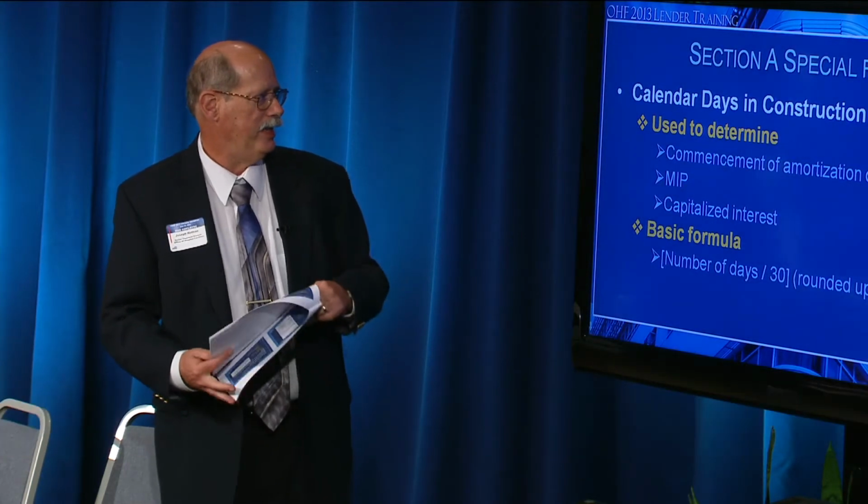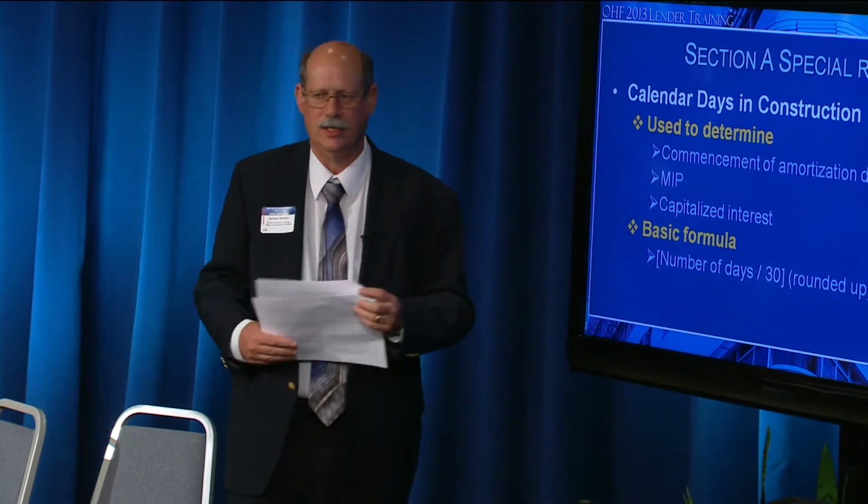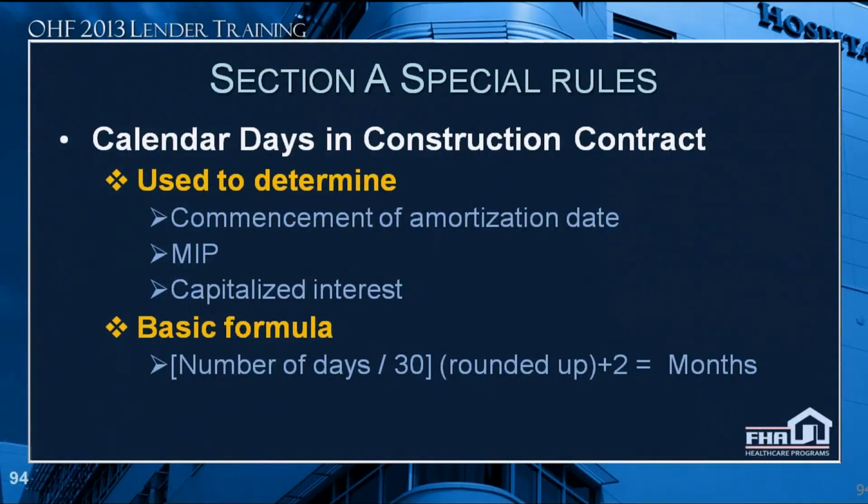The calendar days in here, we've already said that. Where's that going to be used? That's going to be used, one, to determine the commencement of amortization date, because you're allowed to include, when the commencement of amortization, we just assume the construction period takes the full time, and you're allowed up to 2 months after that, 60 days after that.